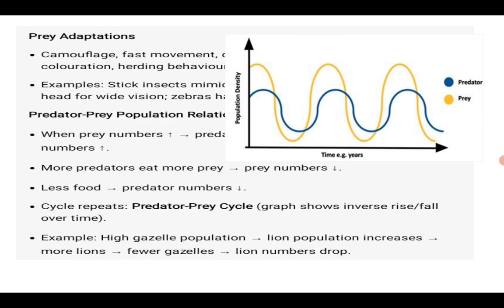So the graph shows this relationship. All right, so over here we have a plot of population density against time in years. If you look at this graph, you see that when the number of prey increases, this curve here represents the number of prey.